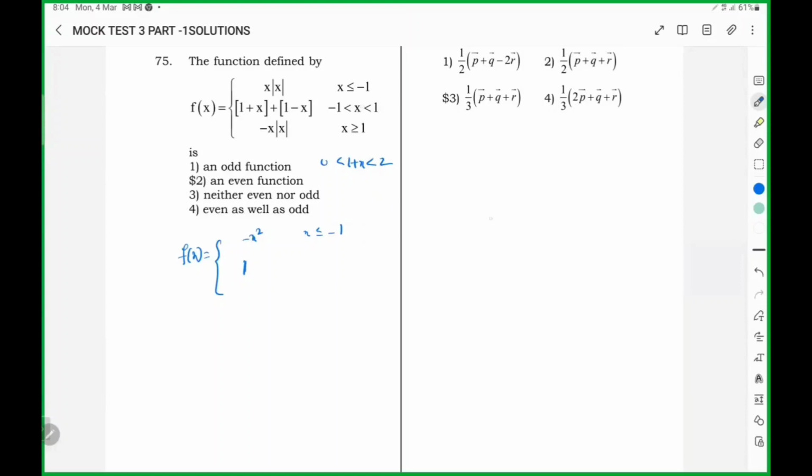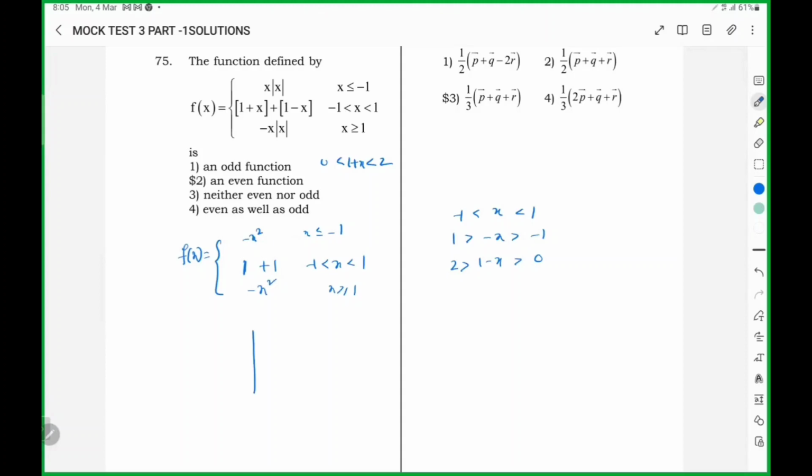When x lies between minus 1 and 1, multiply by minus and add this 1, it is also between 0 and 2, which means it will be 1. When x is greater than 1, it will be positive.